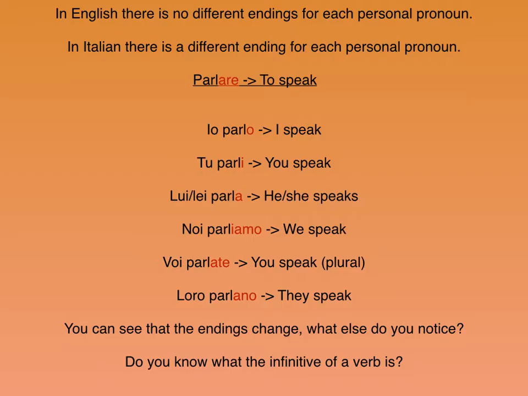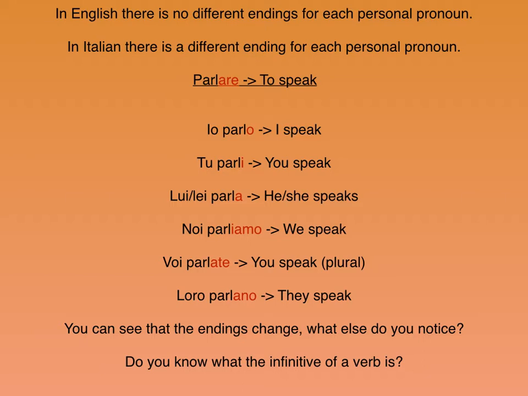In English, there are no different endings for each personal pronoun. However, in Italian, there is a different ending for each personal pronoun. So let's have a look at the verb to speak in Italian. Parlare. Io parlo, o. Tu parli, i. Lui, lei parla, a.